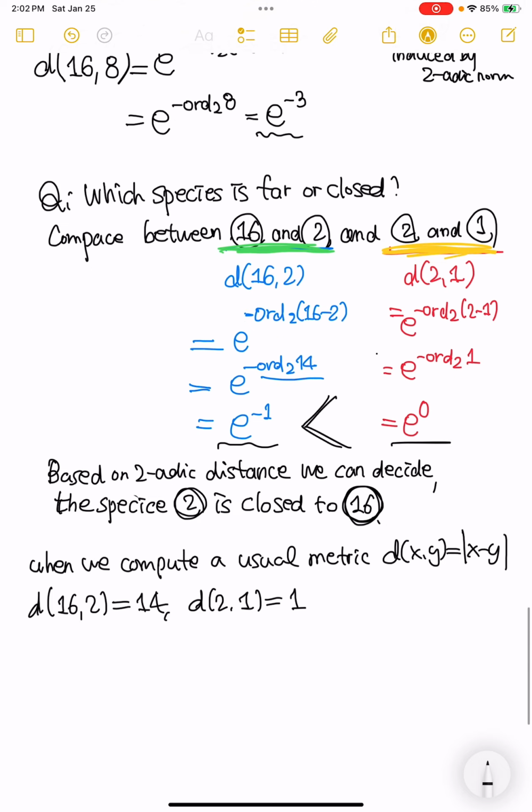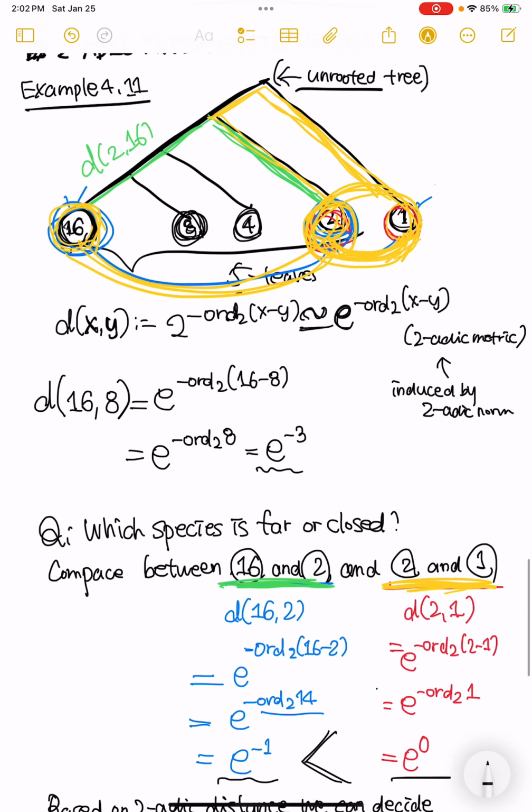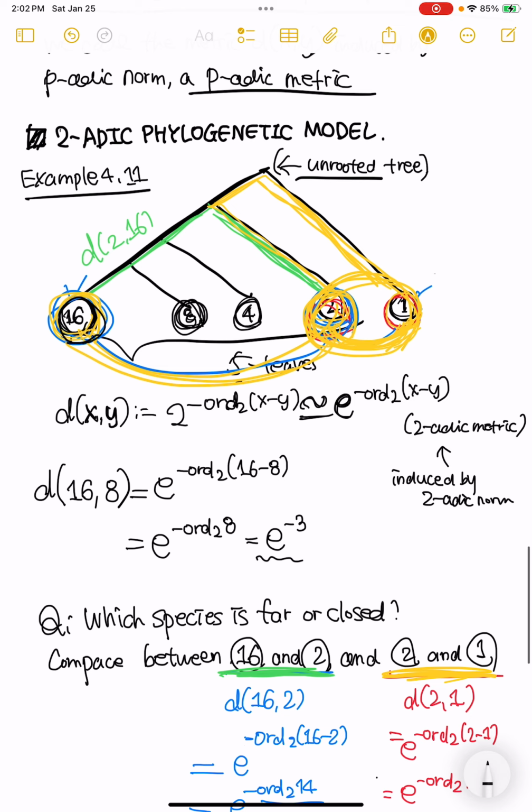From an evolutionary model's view, as I said, 16 is relatively related to 2, and 2 to 1.